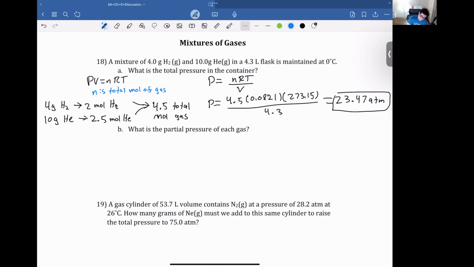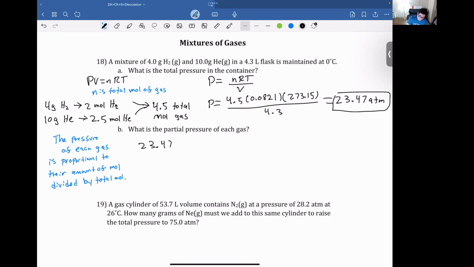So we can say the pressure of each gas is proportional to their moles, or to the amount of moles divided by total moles.